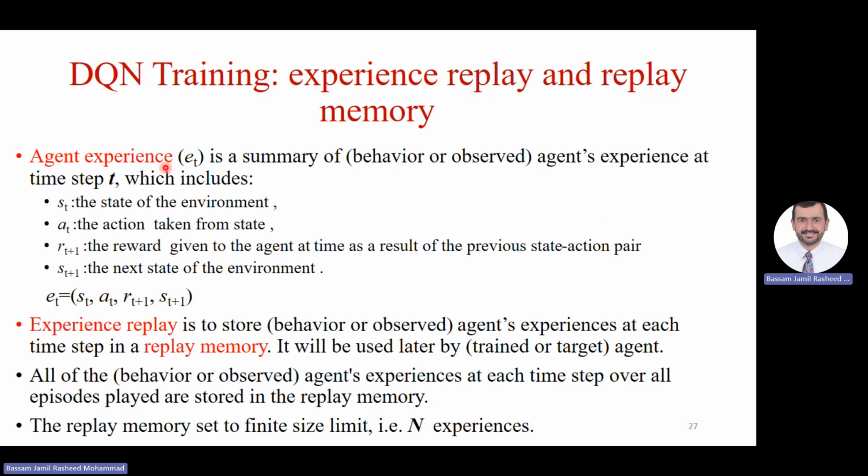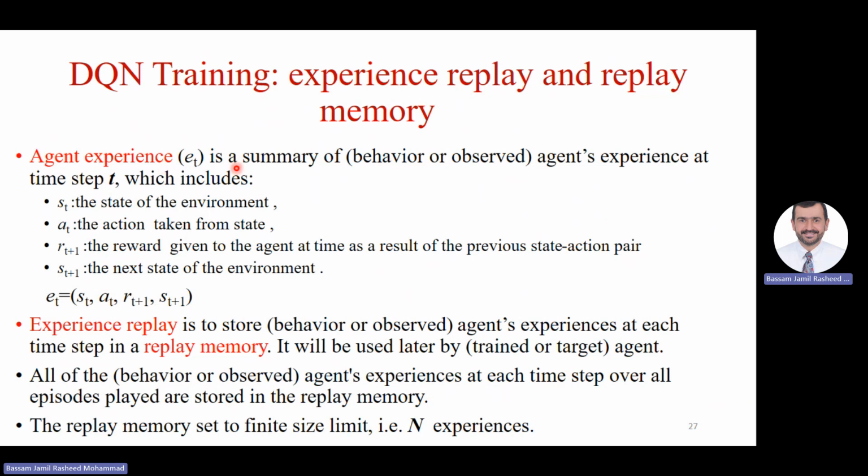Remember the example of the last lecture. We said that the behavior policy is a second person riding a bike, and I'm sampling from that person so that I can improve my own policy, the target. I am the target policy.